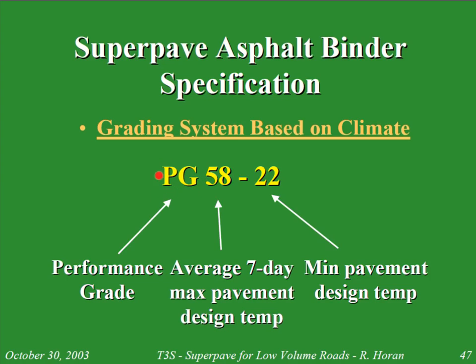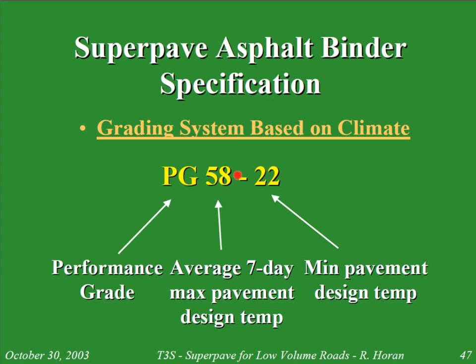So performance graded asphalt starts out with a PG, and again, the first number corresponds to the maximum temperature, okay? So the maximum 7-day temperature that we expect the asphalt to experience in degrees Celsius. So in this case, this is 58 degrees C. Would be the maximum temperature we expect of that particular pavement.